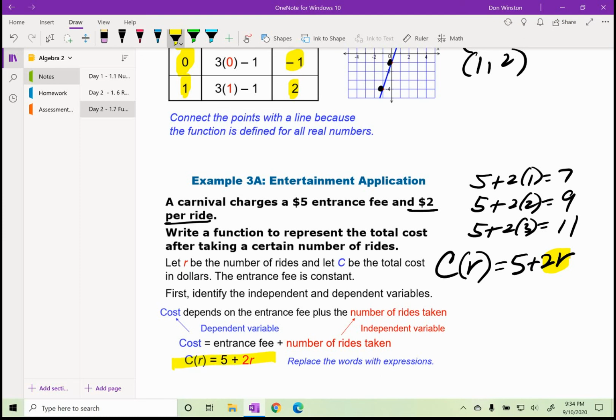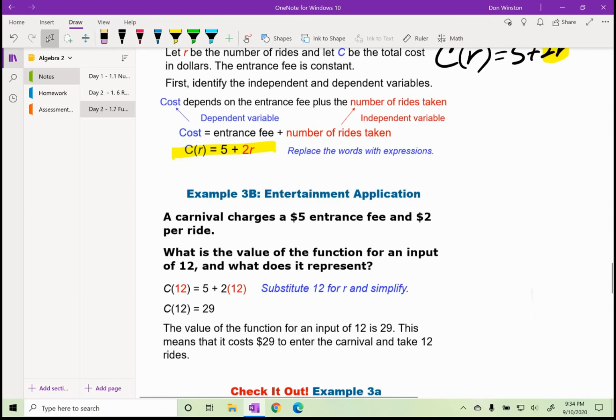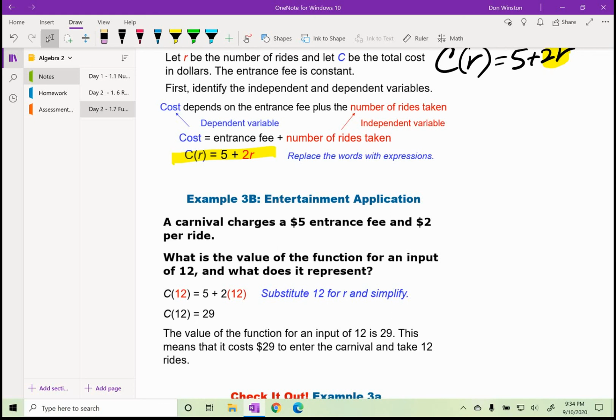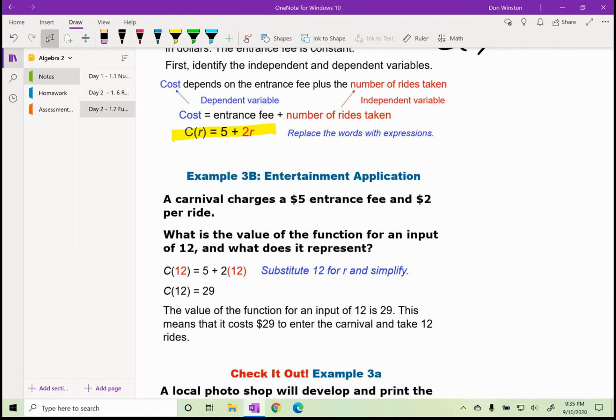For every ride you spend $2, but you have to pay a $5 entrance fee. So if you ride 12 rides, then you'll spend 29 bucks.